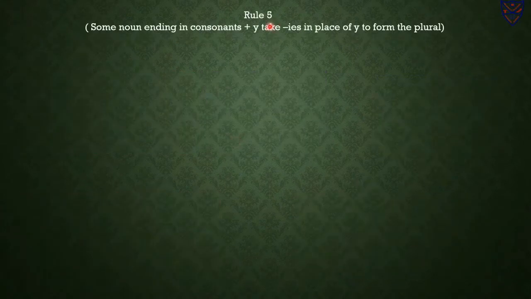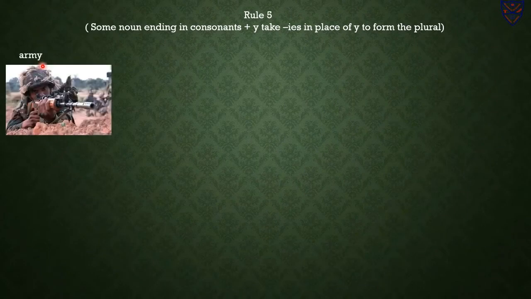Let's see rule 5. Some nouns ending in consonant plus y take ies in place of y to form the plural. Let's see some examples. Army. Here you can see at last y is there, right? And before y is consonant m. M is a consonant, right?